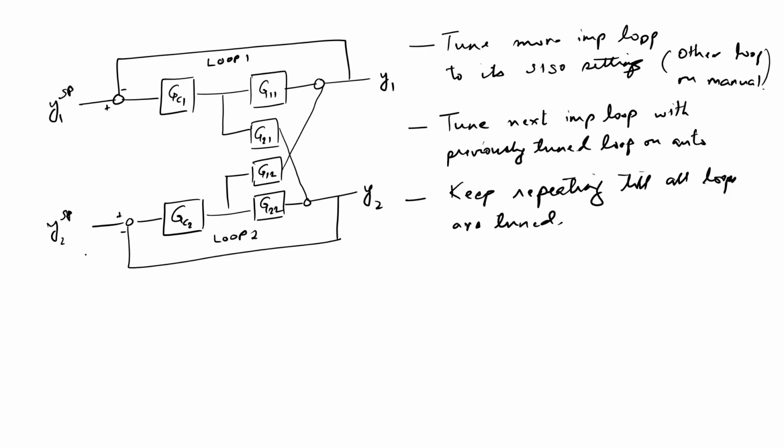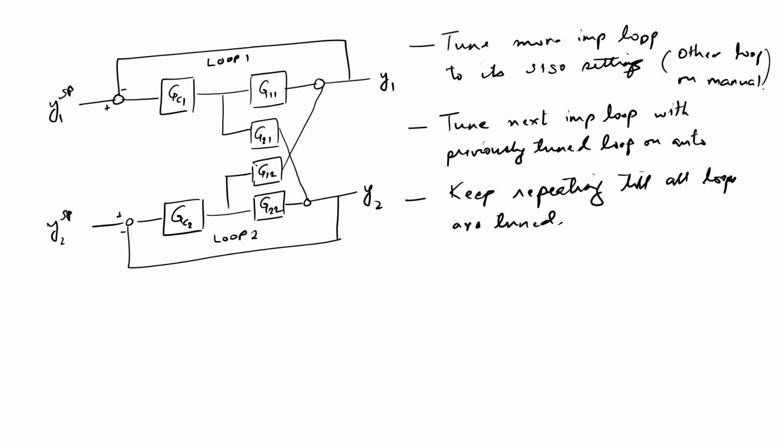Then with loop 1 already tuned and on, you tune loop 2, and again you do the same thing, obtain KU PU and apply some tuning rule, or obtain the gain such that you get so much overshoot or so much decay ratio and so on and so forth.